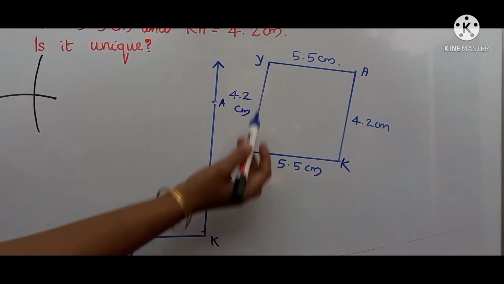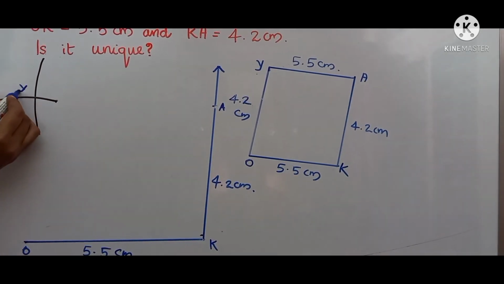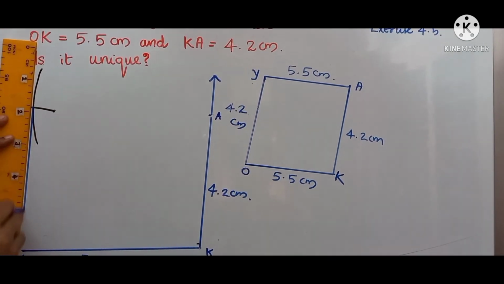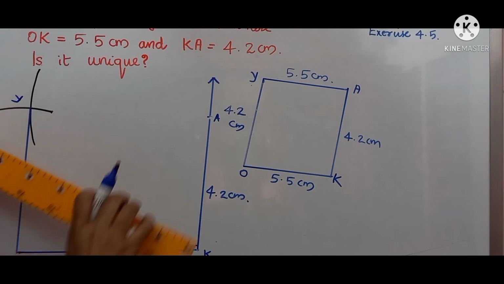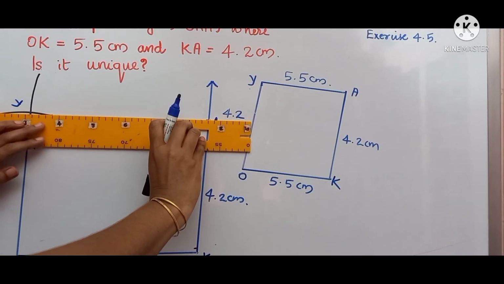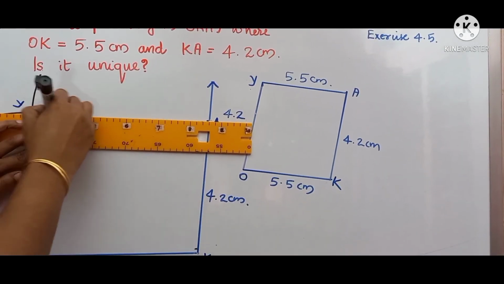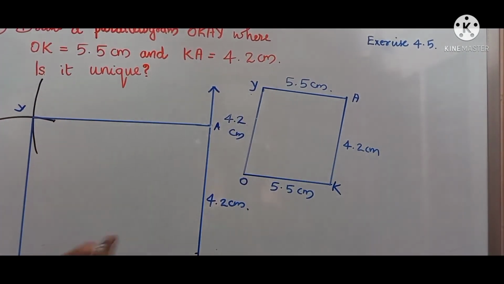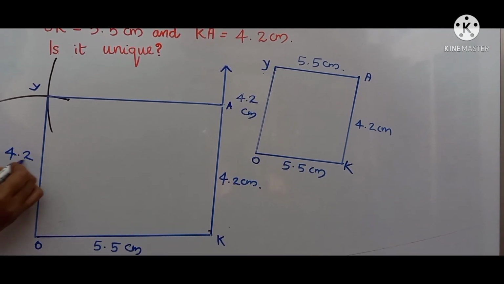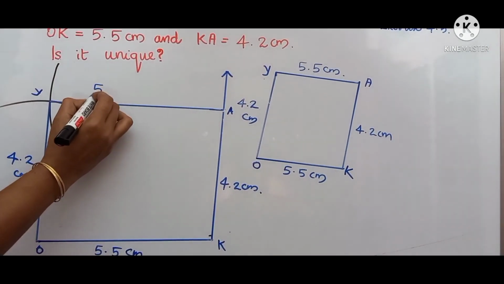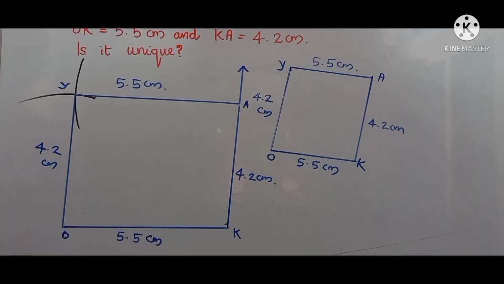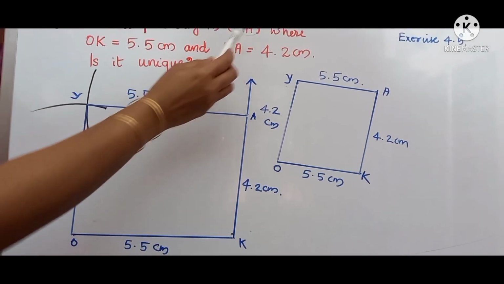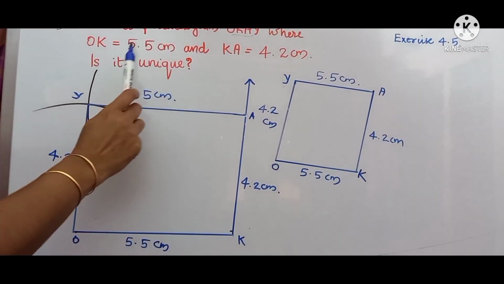Now we have got that point Y. Then we have to join these points OY and AY. And we can write that measurements. Here it is 4.2 centimeter and here it is 5.5 centimeter. Now we have constructed that parallelogram OKAY with the given measurements.